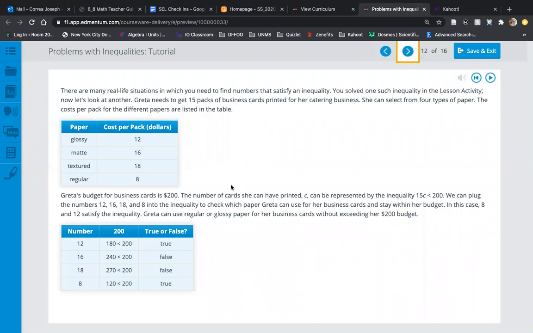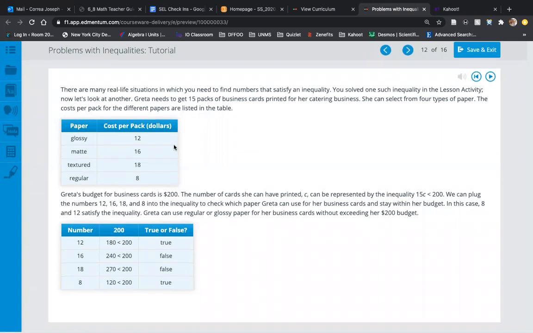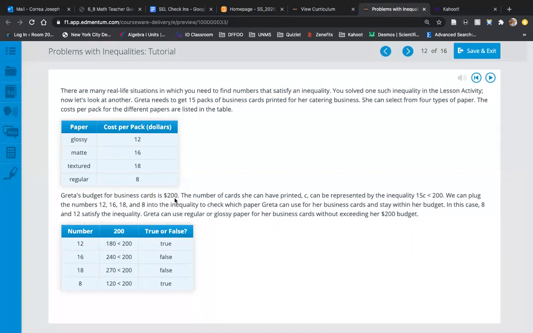Down here, she's looking online and she has a couple of different options for what types of business cards she can get. She can get one that's glossy, that means shiny. One that's matte, that means it's not shiny. One that's textured, I think we know what that means. And then a regular, because she wants to be basic. The idea here is that she has a limit on how much she can spend.